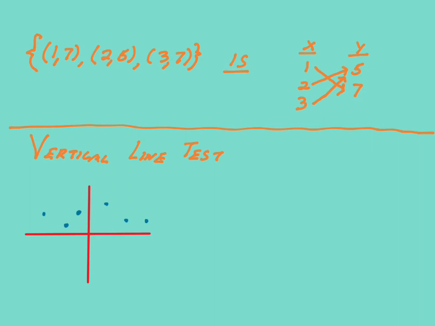Okay, if I can put a vertical line and only touch one point, then it's a function. So this vertical line only touches that one. Just touches that one. Each vertical line only crosses one of the points. So yes, this is a function.